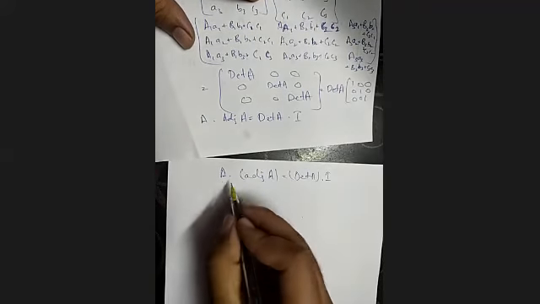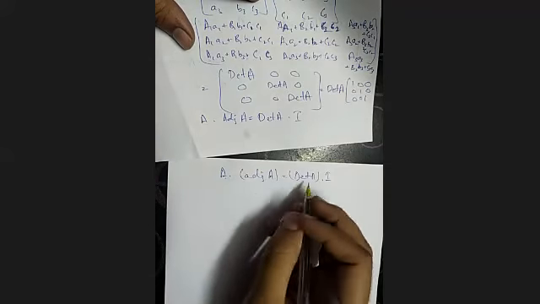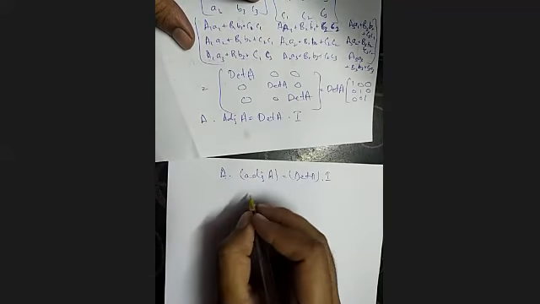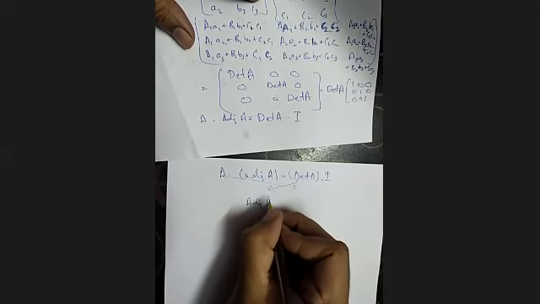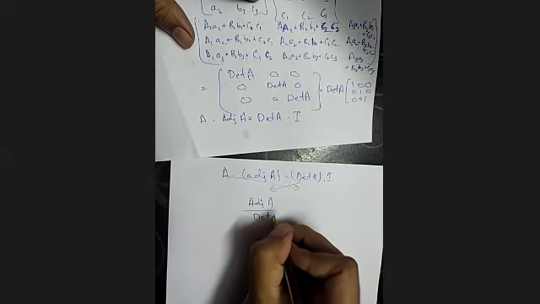Now if we divide the whole equation by det A, or if we send this det A to that side and A to that side, we will get adjoint A by det A is equal to A inverse, because 1 by 2 can be written as 2 power minus 1.